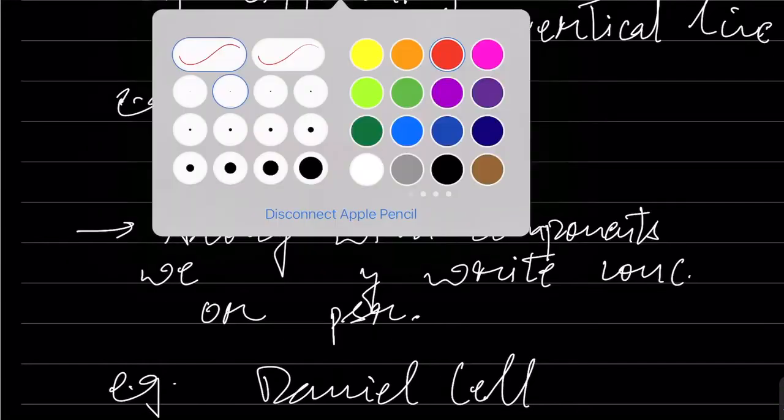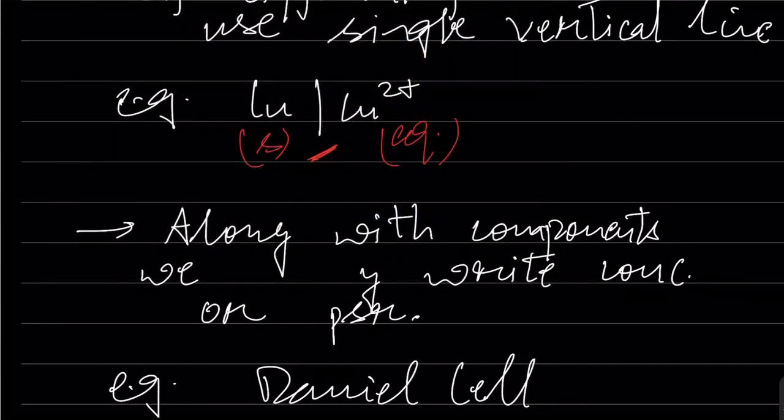Along with the components, we have to write the concentration or pressure.